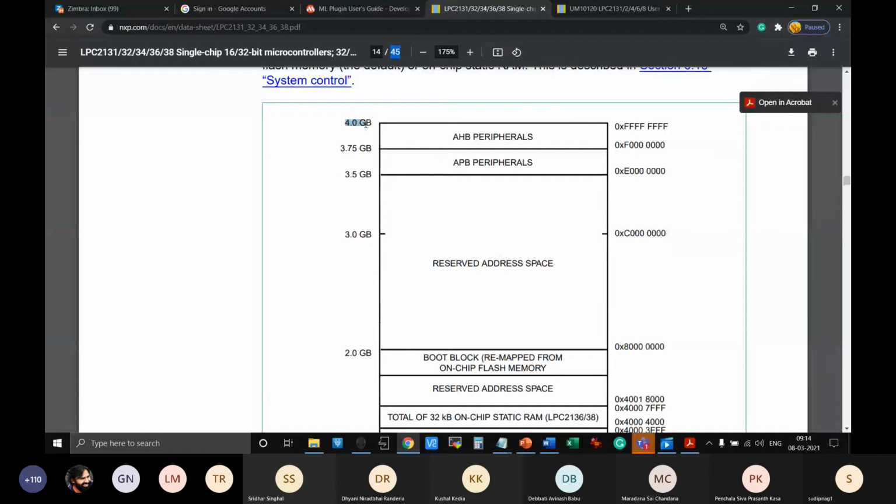This 4 GB comes from 2 to the power 32, and this is a 32-bit number represented in hexadecimal. If all the digits are 1 in those 32-bit addresses, then it represents 4 gigabytes, which is the max for this microcontroller. Different ARM microcontrollers have different ranges of addresses for the memory map.